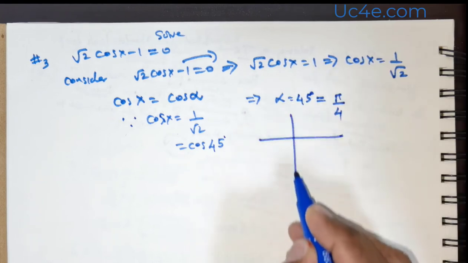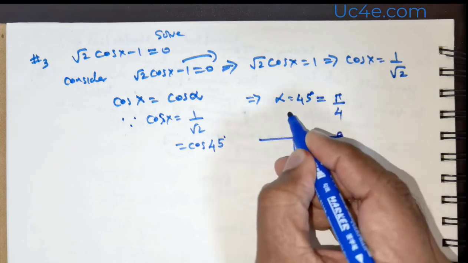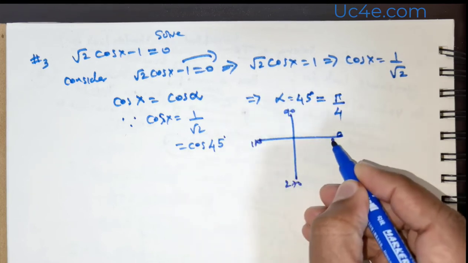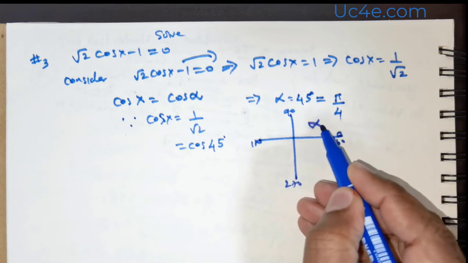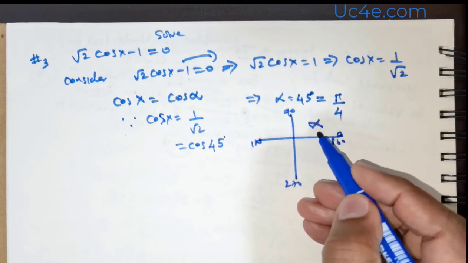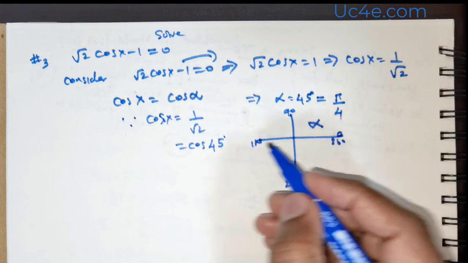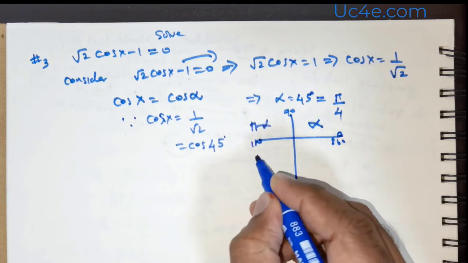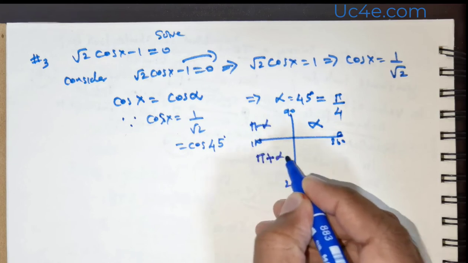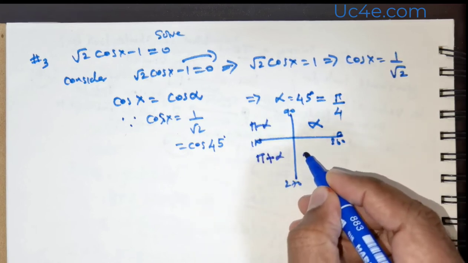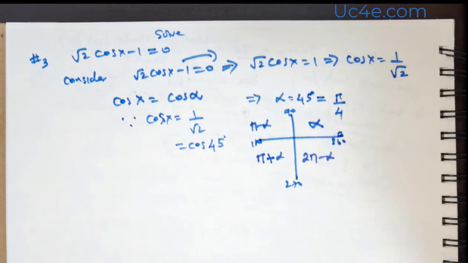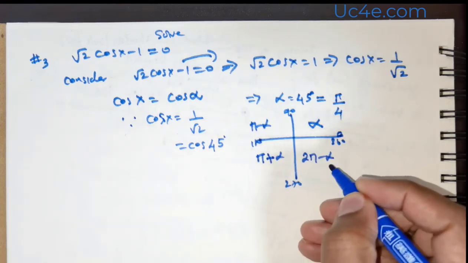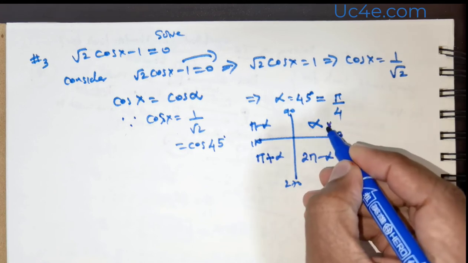Now if you were to draw the cos diagram, 0, 90, 180, 270 and 360, alpha is over here. It means all trigonometric ratios are positive. Over here, pi negative alpha, only sine alone is positive. Over here, pi positive alpha, tan alone is positive. Over here, 2 pi negative alpha, so cos is positive here along with its reciprocal. So it's also positive over here.